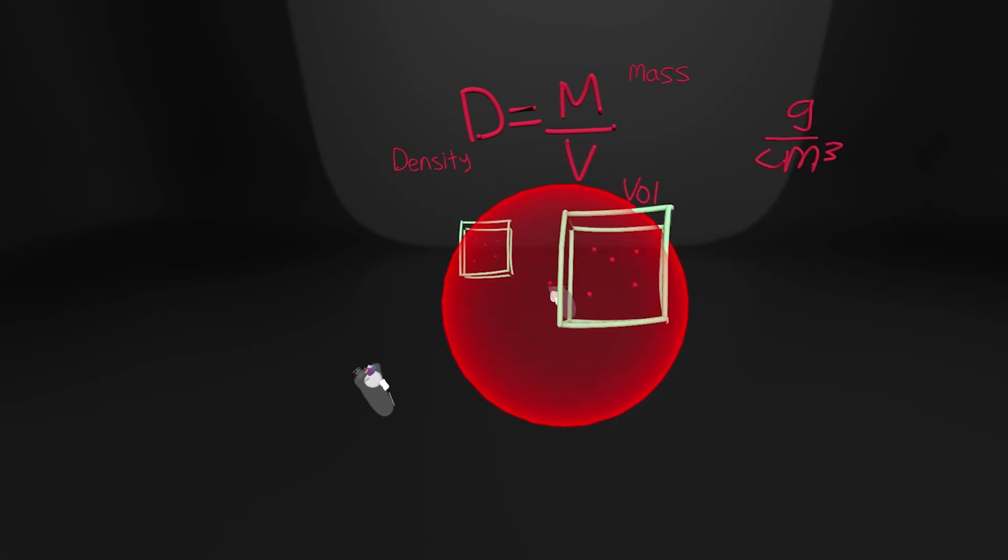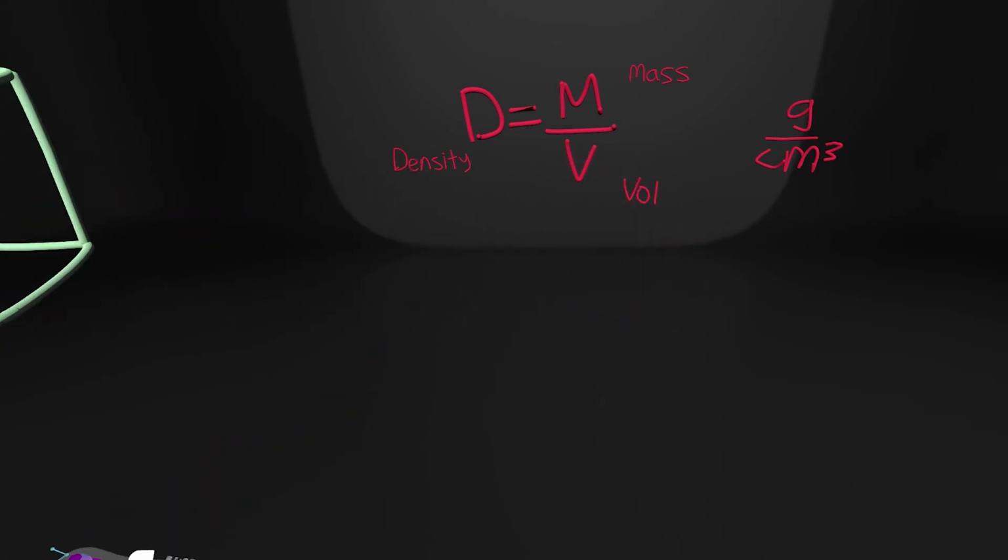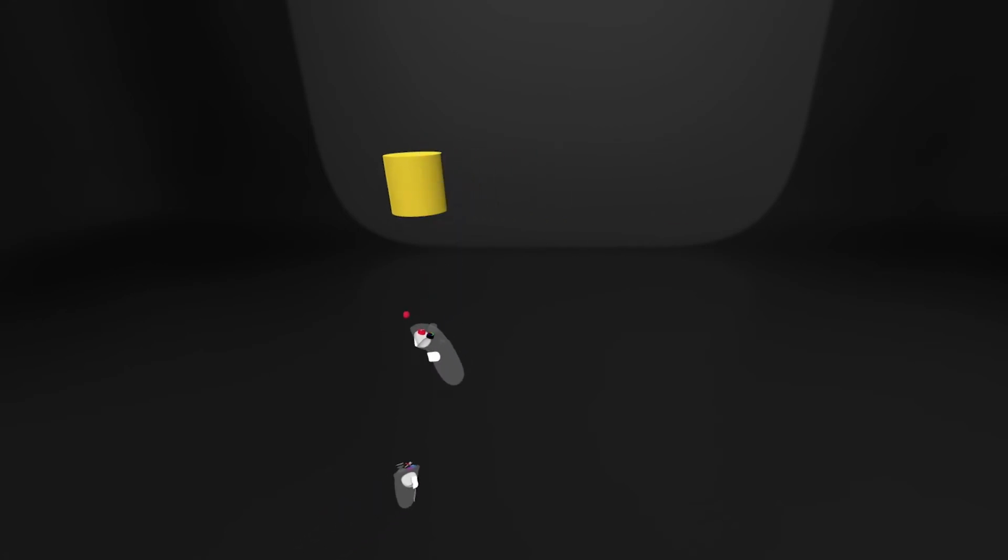Similar to density, we have the concept of concentration. I'm going to move all of this away. Concentration is just how strong a solution is. For example, let's pretend that this orange cylinder right here represents 1 cup of orange juice, and this blue cylinder represents 1 cup of water.